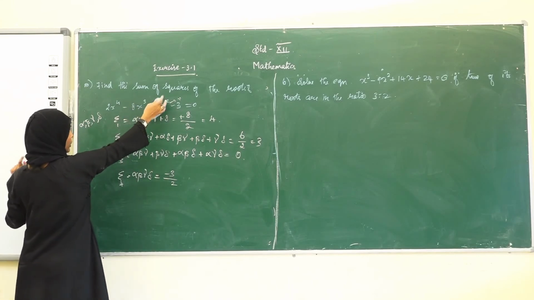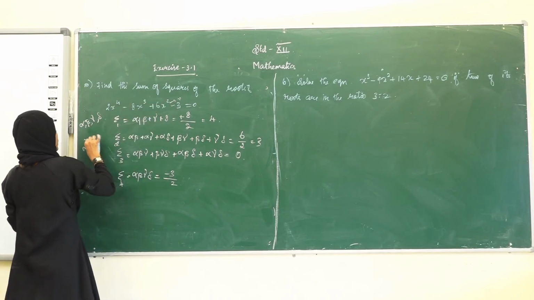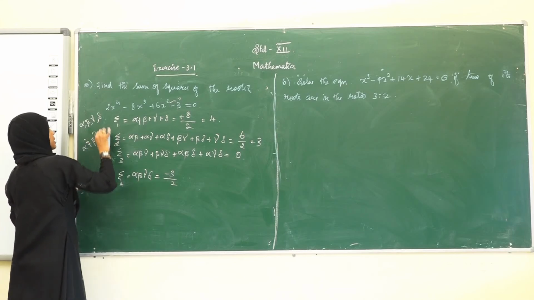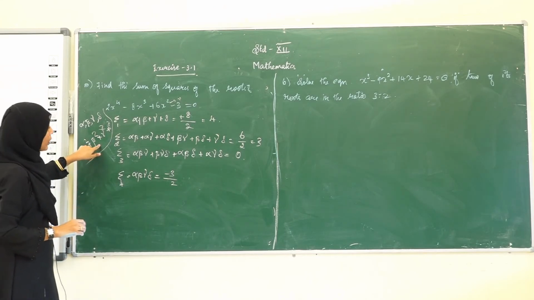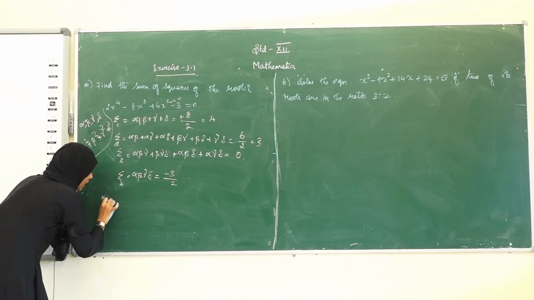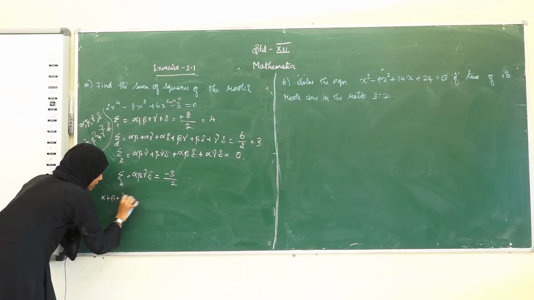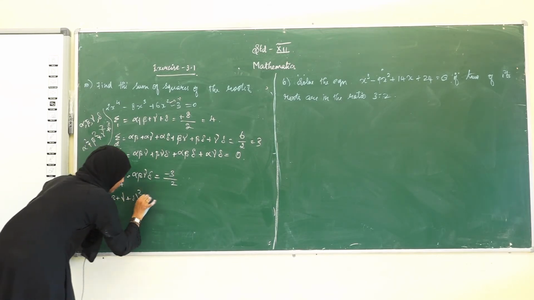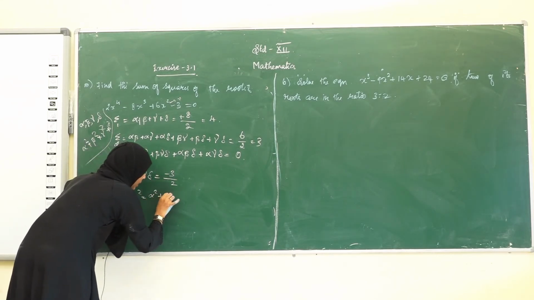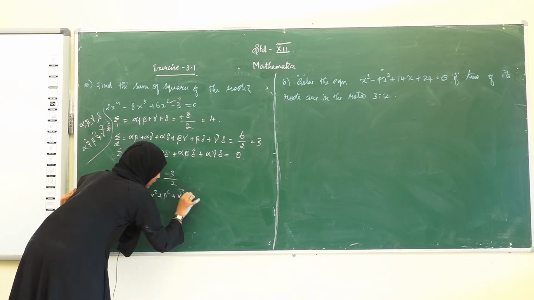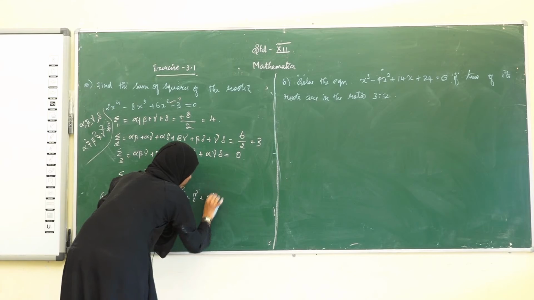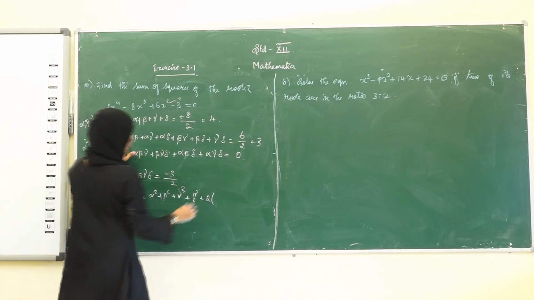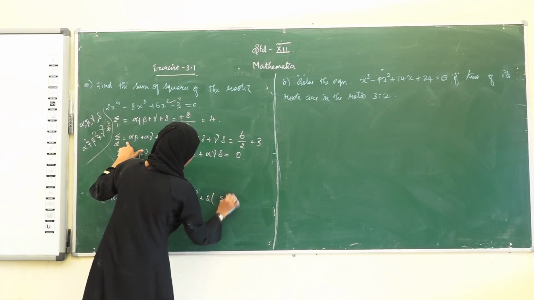We have to find the sum of the squares of the roots, that is alpha square plus beta square plus gamma square plus delta square. For finding this, how can we write? We know alpha plus beta plus gamma plus delta the whole square is equal to alpha square plus beta square plus gamma square plus delta square plus 2 times summation 2.